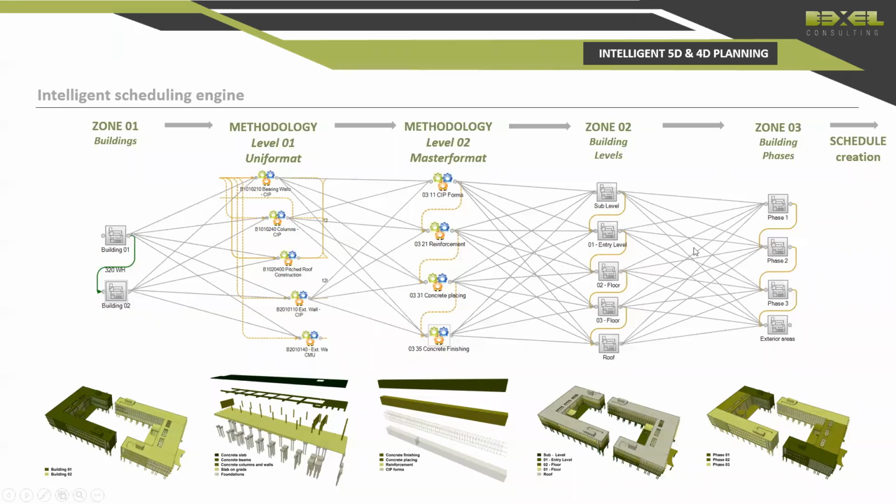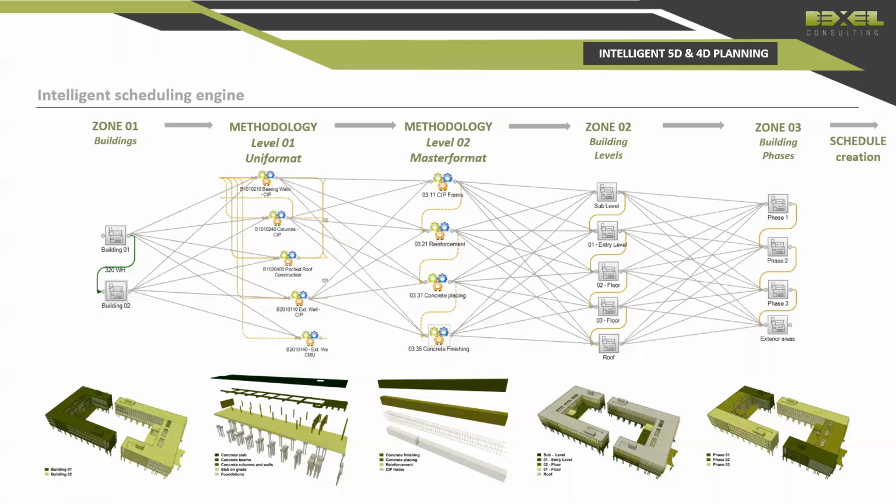Of course, if you don't have a specific task in some zone of the building, the system is smart enough to automatically relink the tasks according to the lower zones of the hierarchy, and create the relations with other tasks according to your methodology. And this is really, really important to understand.